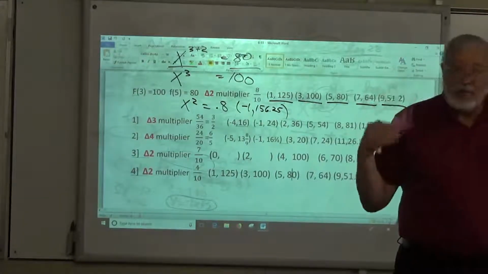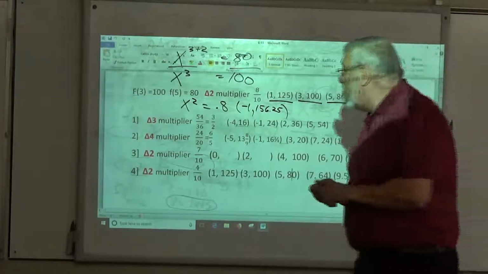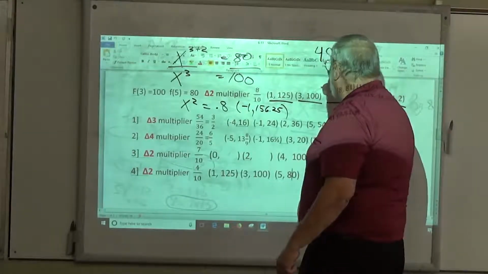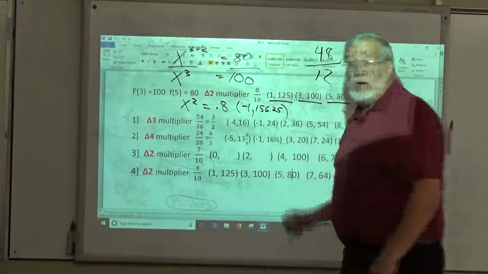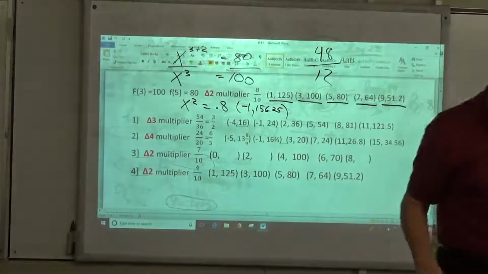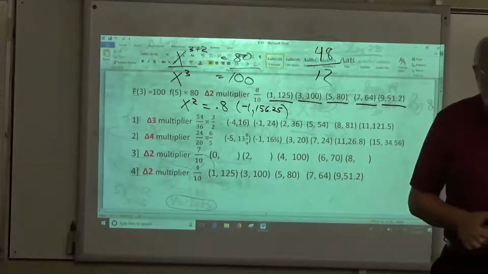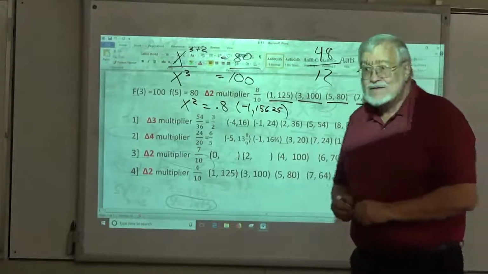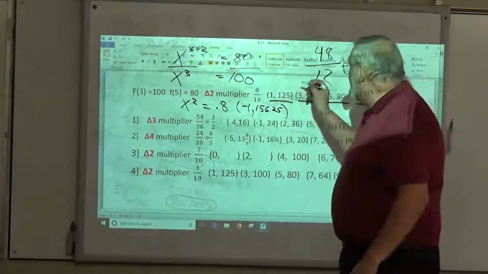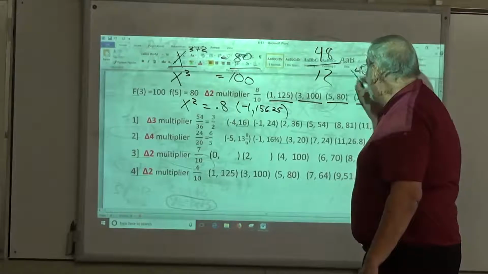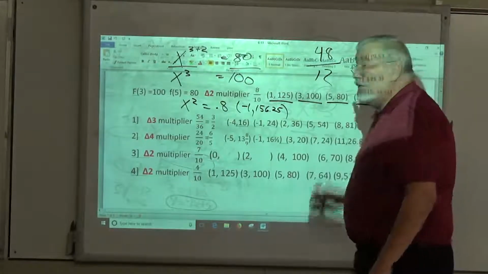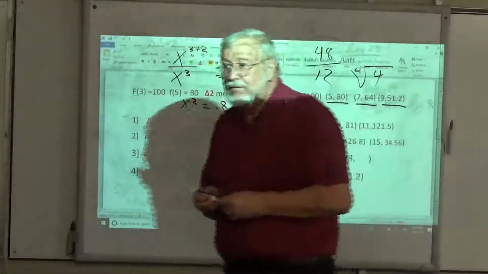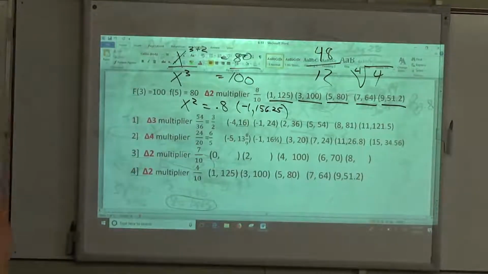And when they go up by 3, the multiplier is going to be 48 divided by 12. The second one divided by the first one. What is 48 divided by 12? 4. Okay? So, the value of b will be the 4th root of 4. That's the value of b.